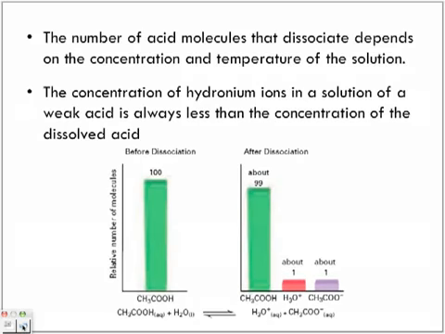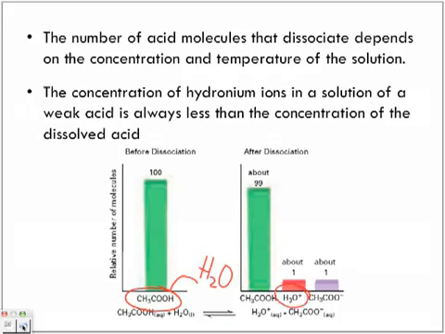Before dissociation, here is acetic acid, CH3COOH. When it dissociates, it gives off that hydrogen proton to water, forming the hydronium ion.